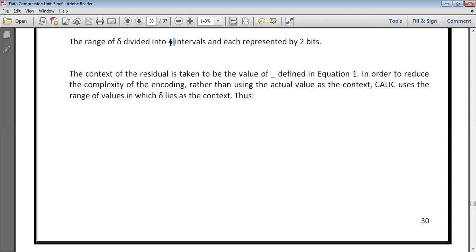Again, if we take pairs of 2, dividing 8 by 2, we find 4 intervals, and each interval contains only 2 values. That will be the 2 bits: either 00, 01, 10 or 11, any combination of 0 and 1. With the help of this, we can finish the portion of Calc.